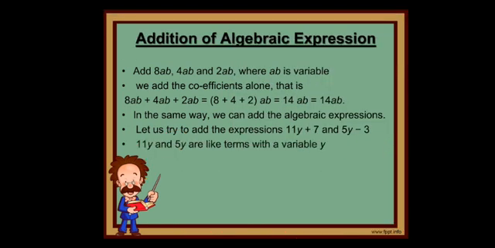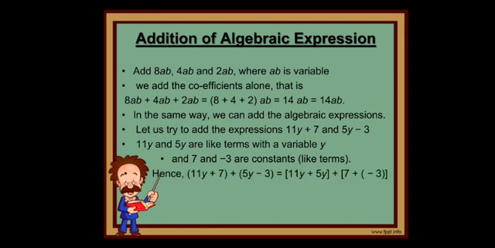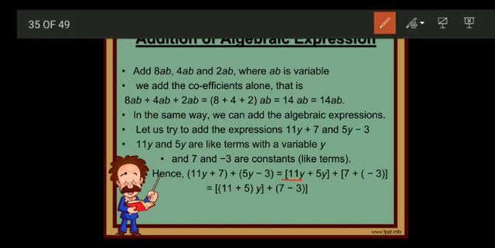So here 11y and 5y are like terms with the variable y. 7 and minus 3 are constants, so they are also like terms. So how to add 11y plus 7 and 5y minus 3? We have to first group the like terms, then we have to add.